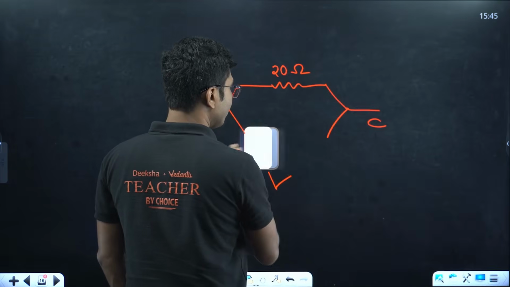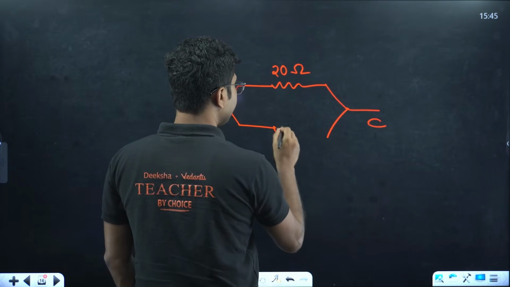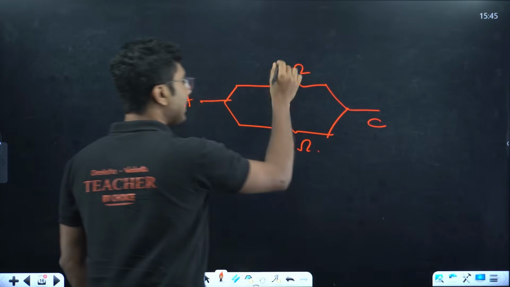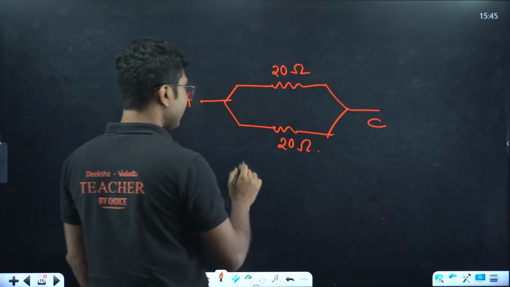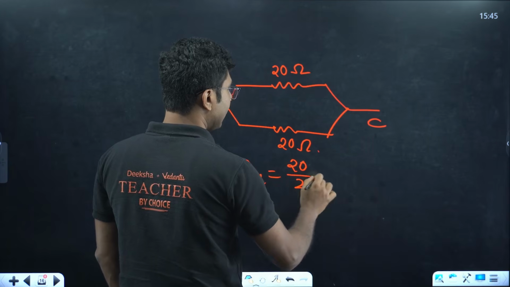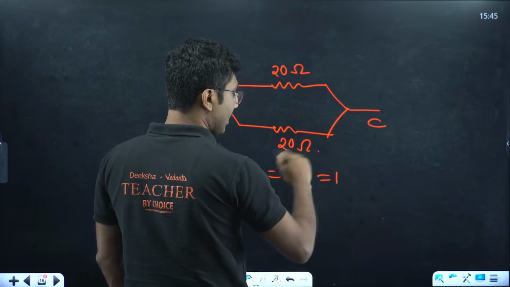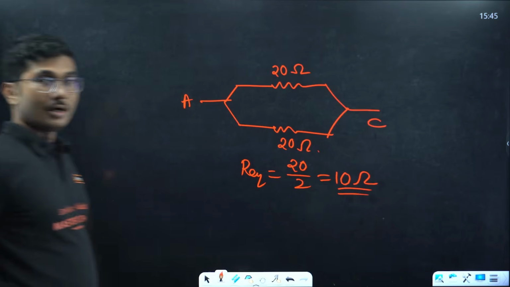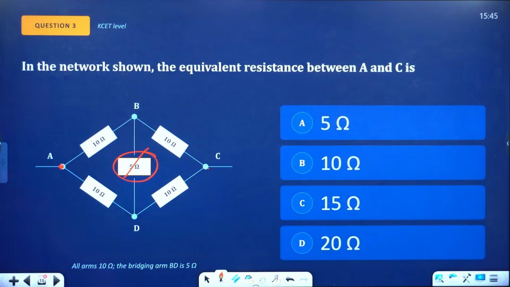Here also two 10s are in series, so 20 ohm. Now two 20s are in parallel, so what will be the equivalent resistance? When two equal resistances are connected in parallel, their equivalent resistance is R by 2, so that is 10 ohm. So the equivalent resistance of the combination is 10 ohm.